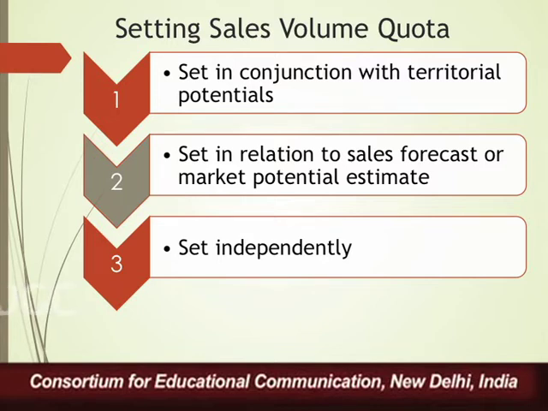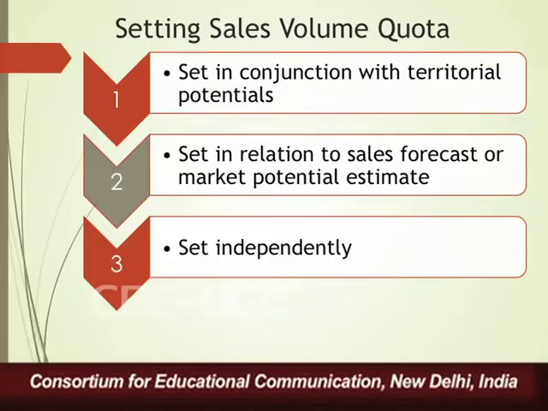Now, the total estimates for the territories may not have been prepared. So, if you take into account the overall market potential, that would serve the purpose. And then, towards the end, you set independent quotas for individual sales or different market potentials that you can achieve.